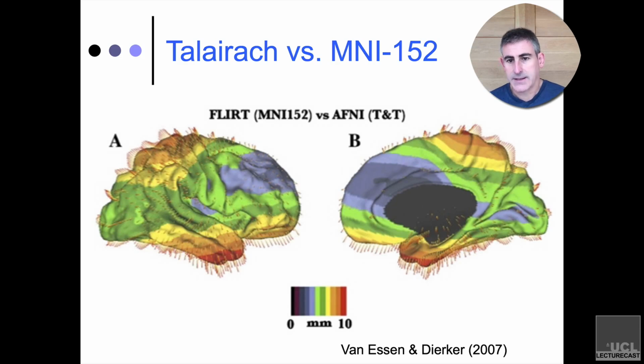This is an example that David Van Essen and, I can't remember Dierker's first name, did a few years ago, where they were looking at how much you would have to distort different parts of the brain to move it from Talairach and Tournoux into Montreal Neurological Institute. And they've color-coded it. The closer you are to the 0 point, the 0,0,0, which is along the midline, the less you'd have to change anything. Things become more significant as you move further away, and you can see that in the warmer colors.